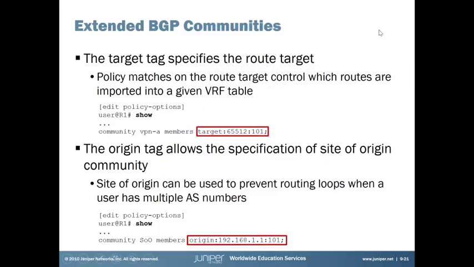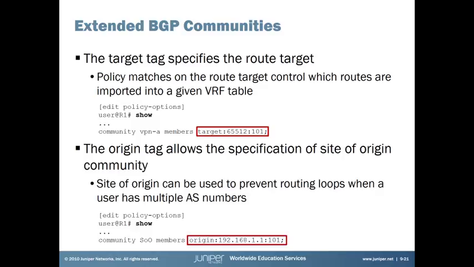All right. So with these extended communities, the target tag specifies the route target. And we can have an origin tag as well, which specifies a site of origin community. It can be used to prevent routing loops when a user has got multiple autonomous system numbers.